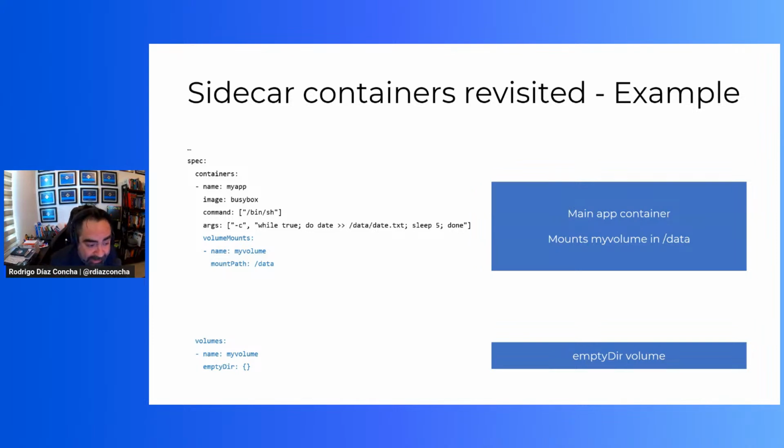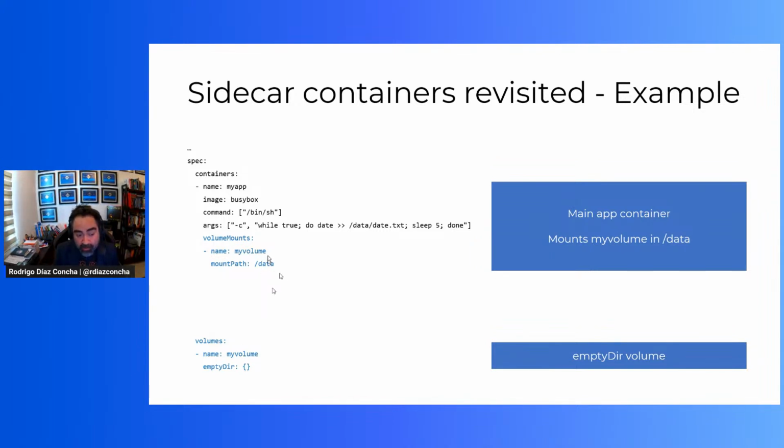In this case, as you can see here, this is running a while loop, and it's adding inside the date.txt file the current date and time. Okay? So this is just what this particular container is doing. So the important thing here is that the volume mount matches the volume.